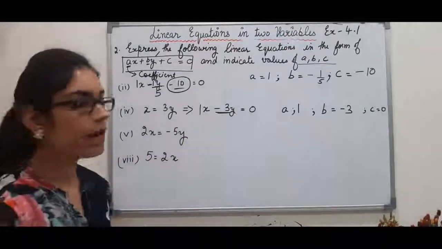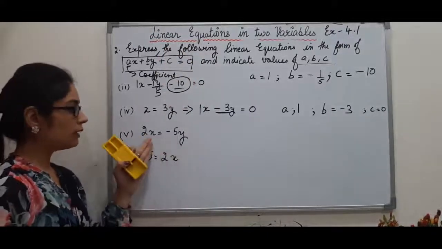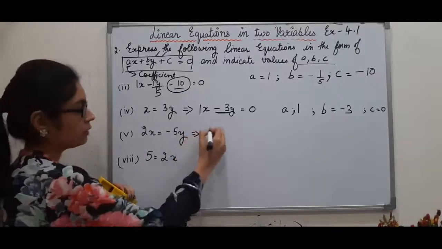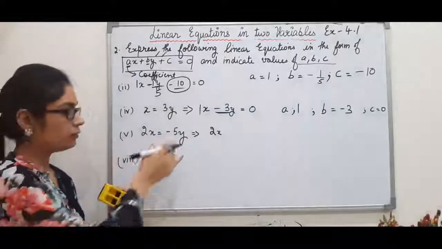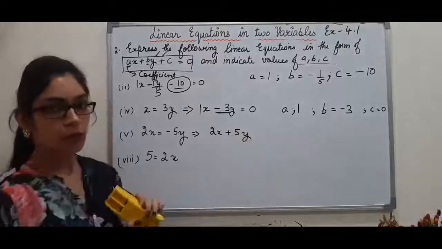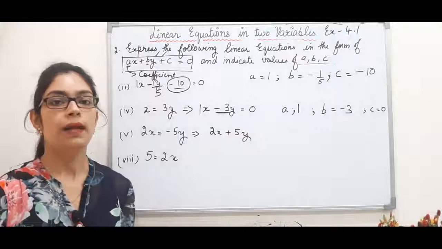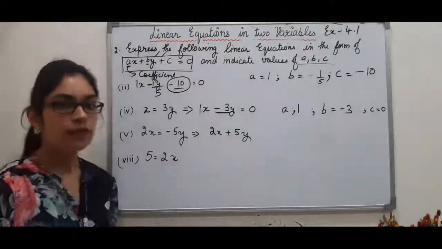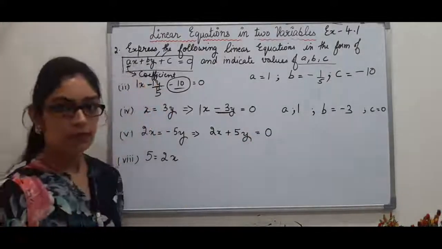First of all, we have to convert it into standard form. 2x is equals to minus 5y. So we have to shift everything to one side. This minus 5y we have to shift to this side, so it will be changed to plus 5y. As I have already told you, if you are changing the side, minus will be changed to plus and plus will be changed to minus. On the other side, nothing is there, which means we write 0.